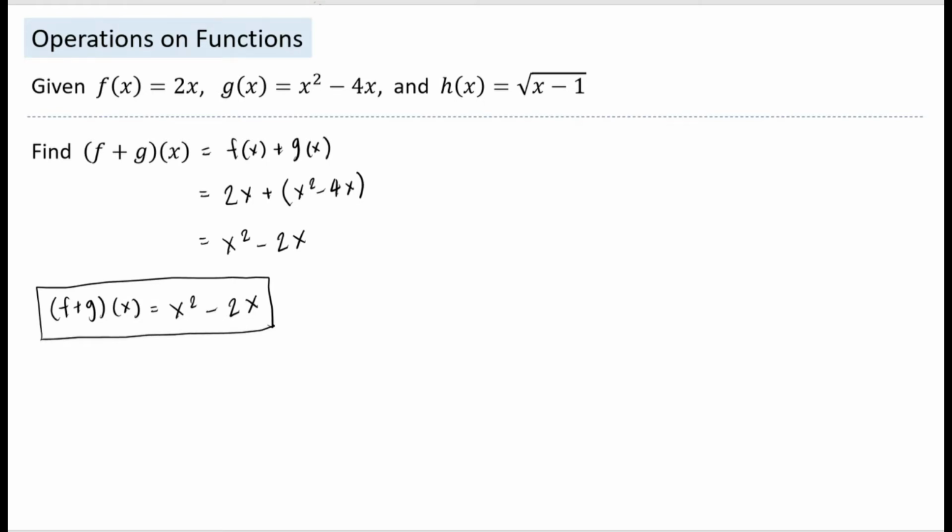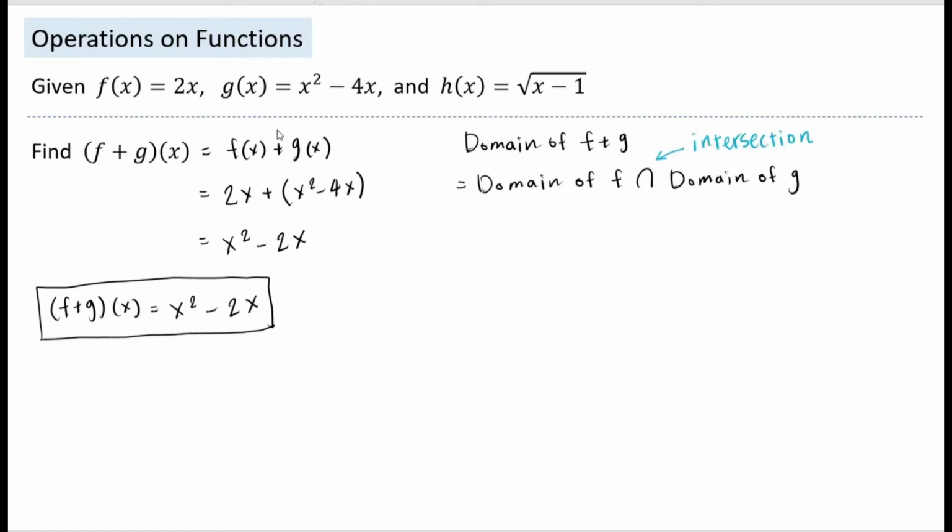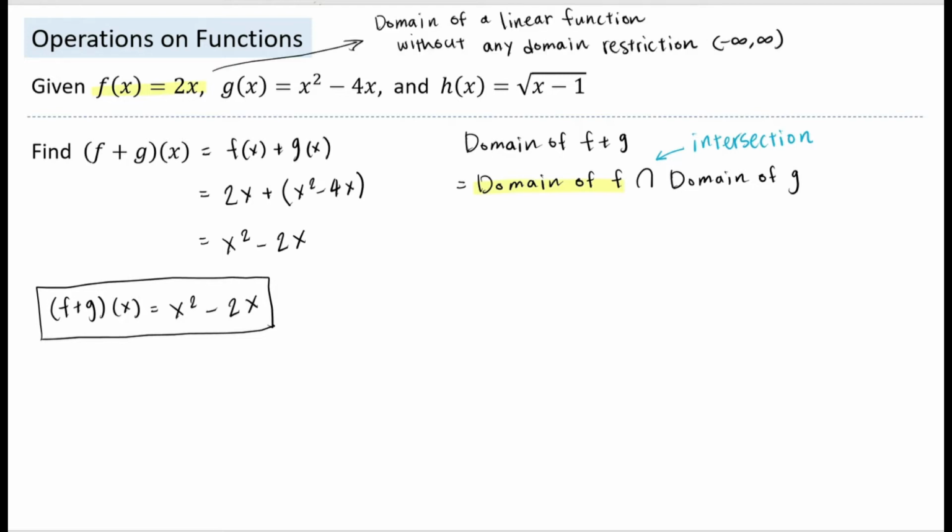Let's find the domain of f plus g, which is the intersection of the domain of f and the domain of g. The domain of f is the domain of 2x because it is a linear function. The domain without any restriction is from negative infinity to infinity.